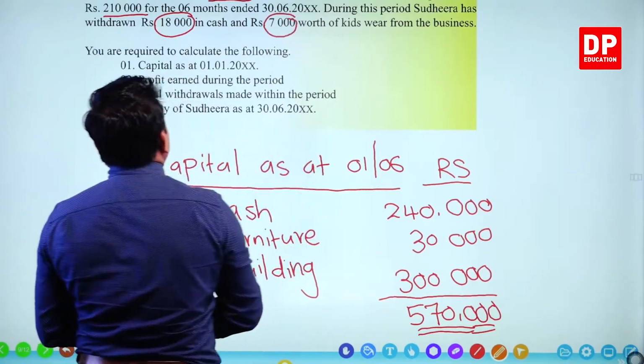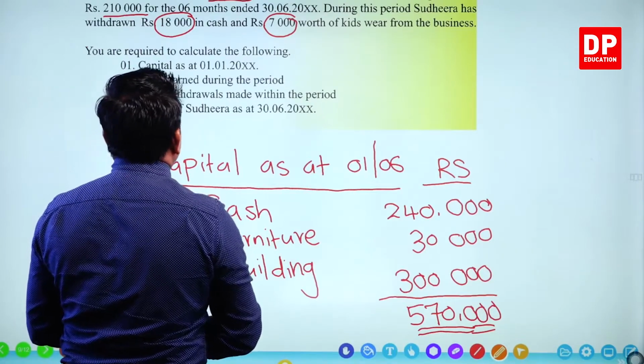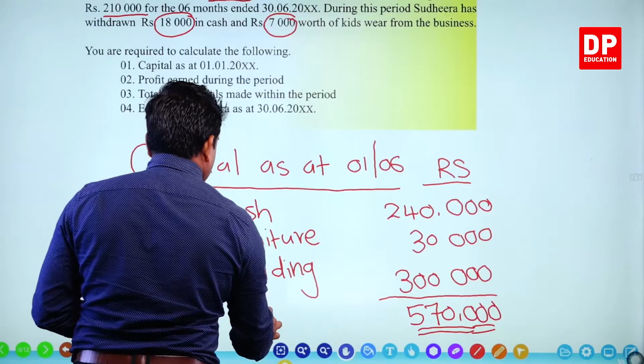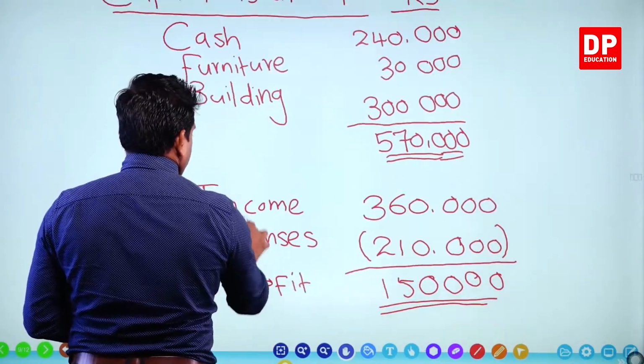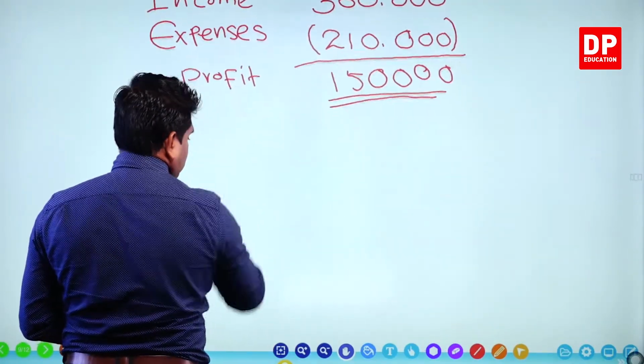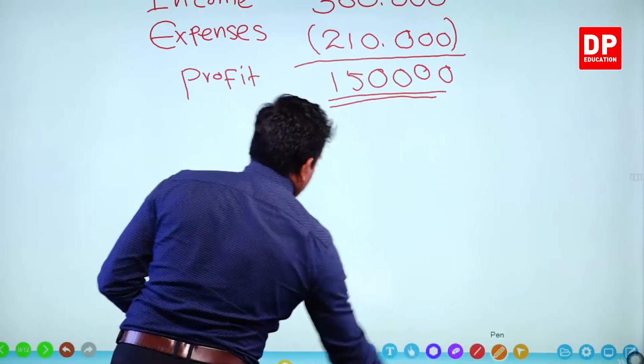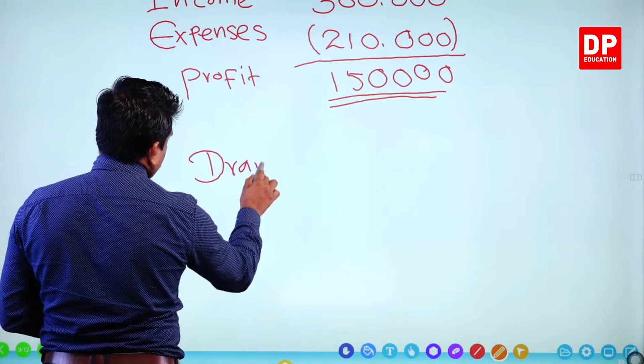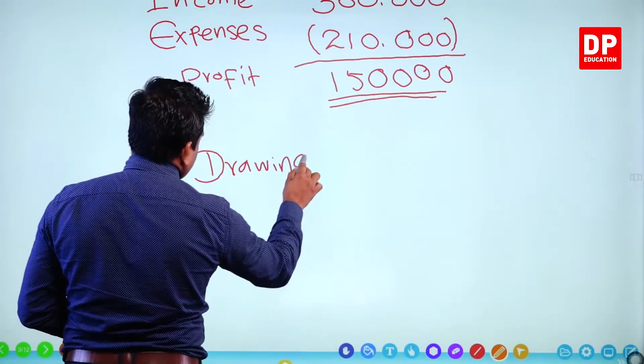The total is the drawings. Withdrawals means drawings. Now we can find the drawings here, right? Drawings means withdrawal.